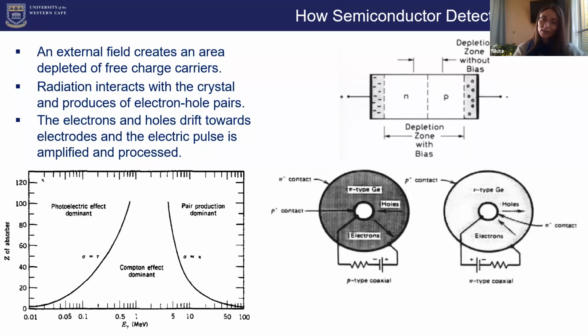On the outside of the crystal is the P contact, which means that the electrons will drift from the outside of the crystal to the center, and the holes will drift to the outside. So wherever the interaction happens within the crystal, the electrons will always drift towards the center, and this is where we collect our electrons to get our electric pulse.